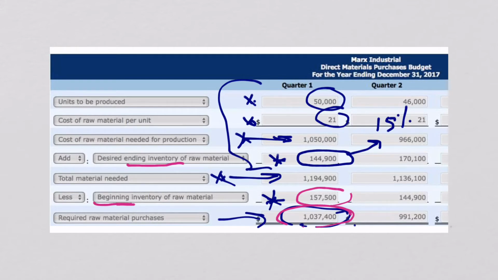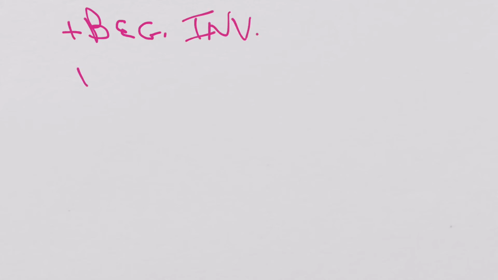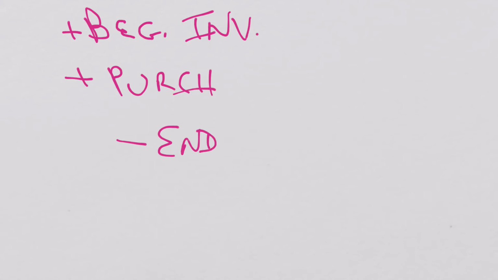But in the meantime, just one more time, this is what we did in class: I just pointed out the formula. The formula is beginning inventory plus whatever you purchased minus the ending inventory.